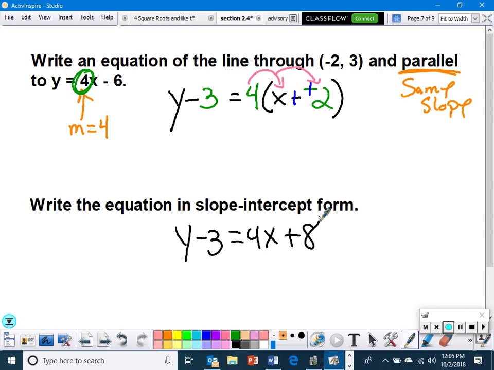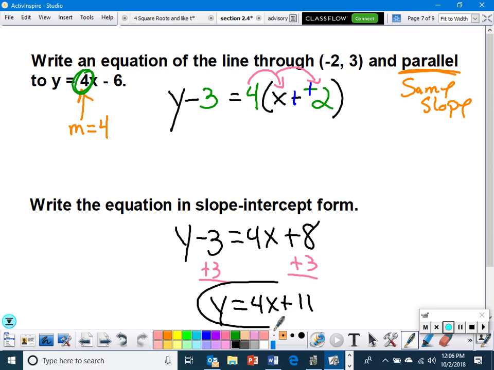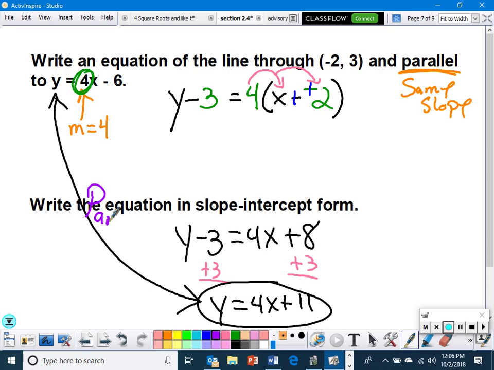I'm going to add 3. And there we go. So these two lines, they are parallel.